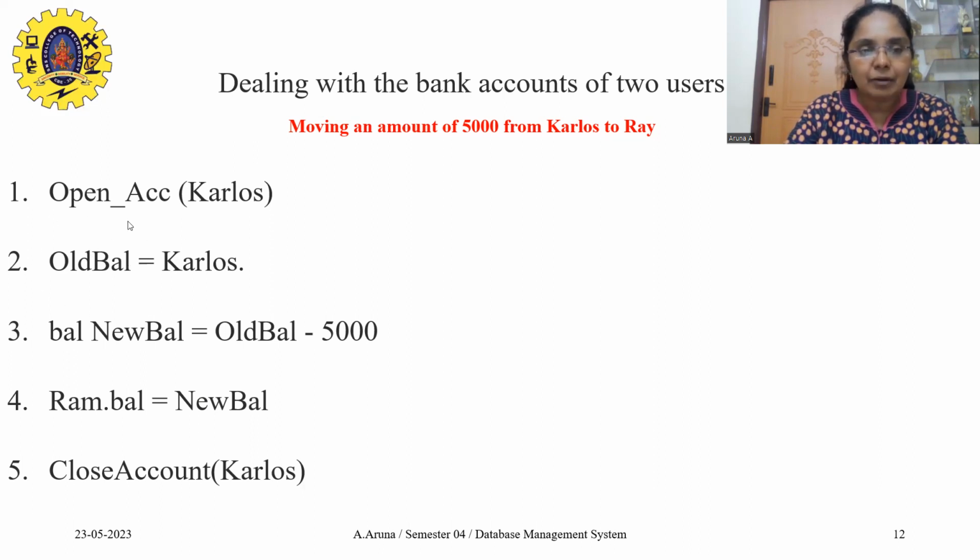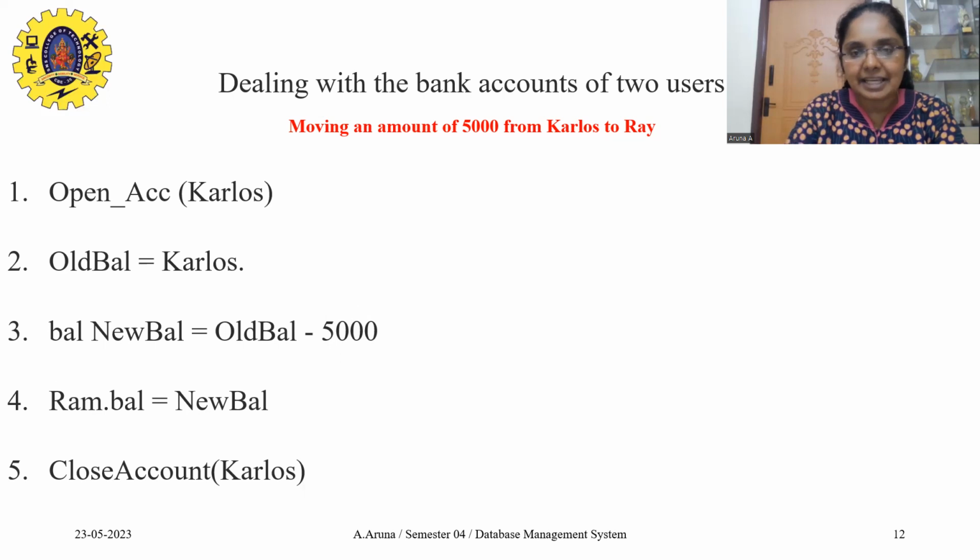After that, from the old balance, we debit the 5,000. We subtract 5,000 from that account, and the result is stored in a new temporary variable called new balance. After that, the temporary variable is assigned to the permanent one in Carol's account, so it is transferred to Carol's account. After that, the account is closed. So this 5,000 is the debited amount, and it is in the intermediate stage.